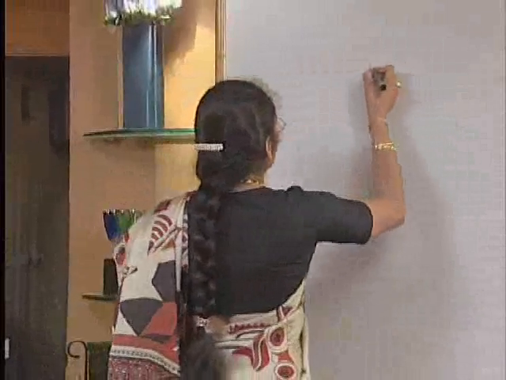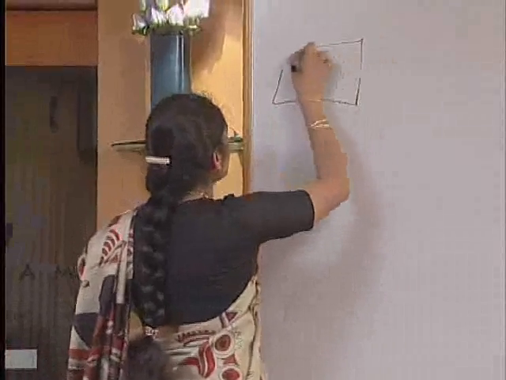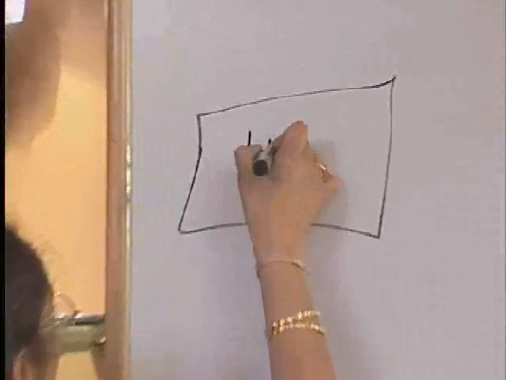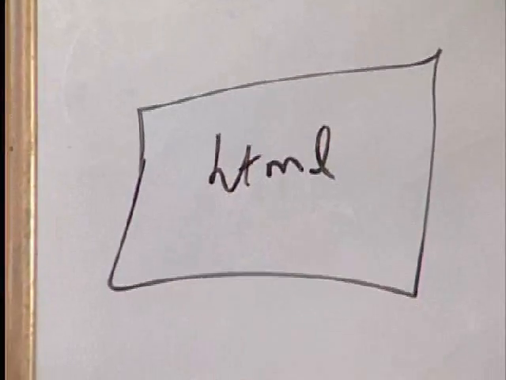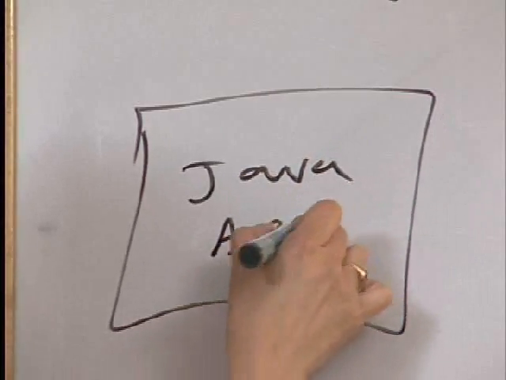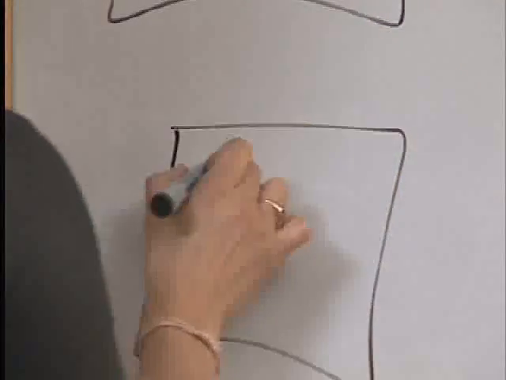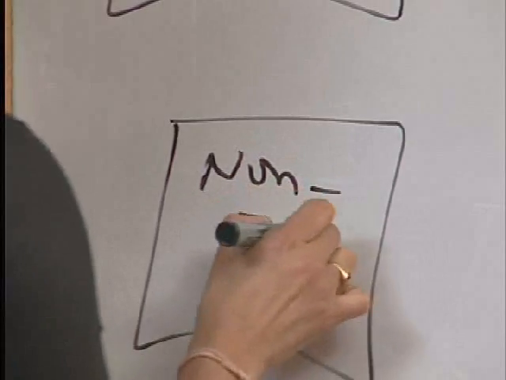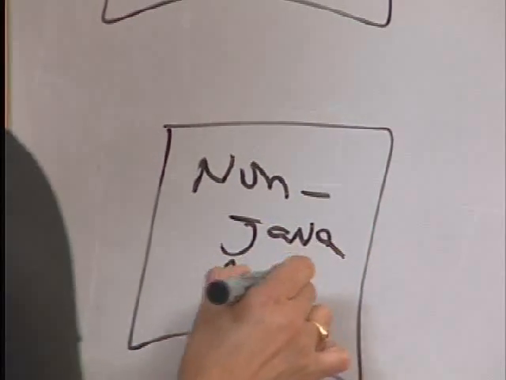Now that we have seen what are the files involved in writing an enterprise application, let us look at who are the clients for EJB. Now, the clients for EJB can be an HTML client, a Java application client, or a non-Java application client.